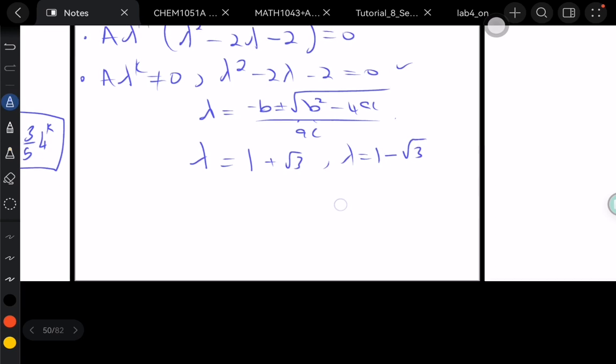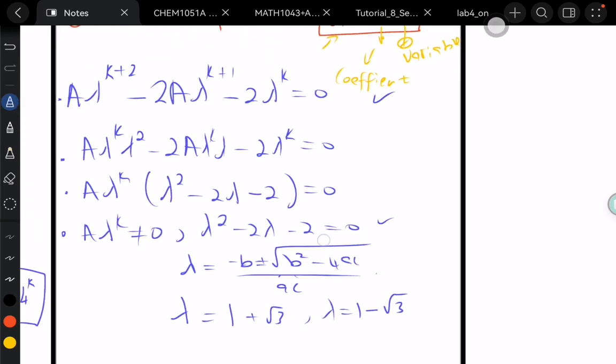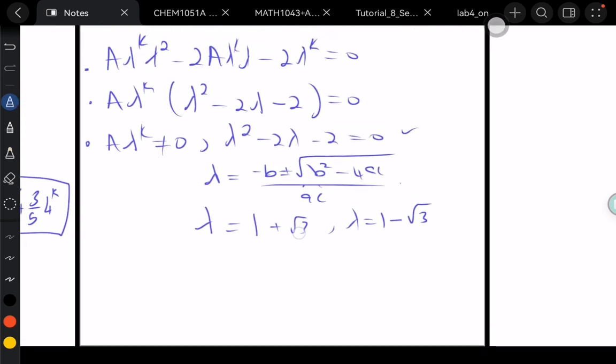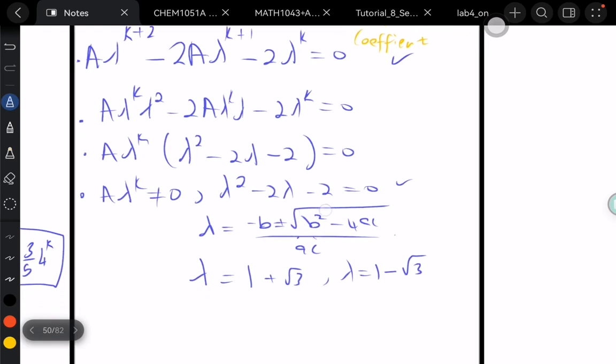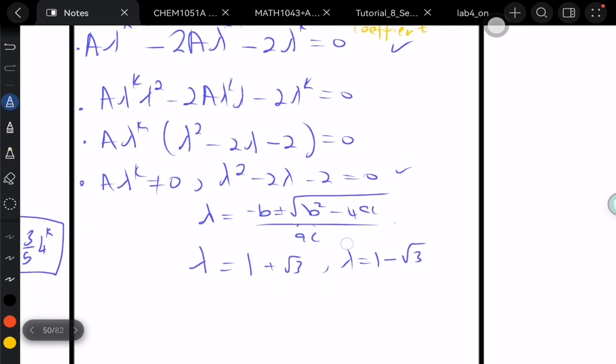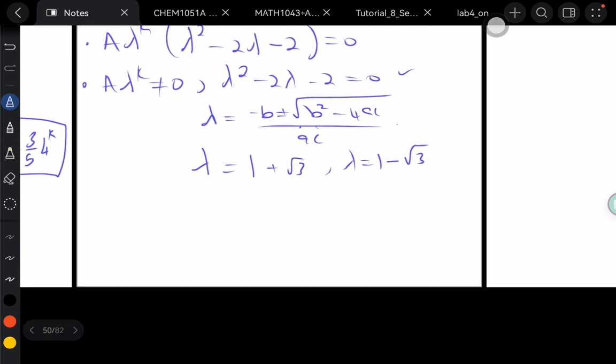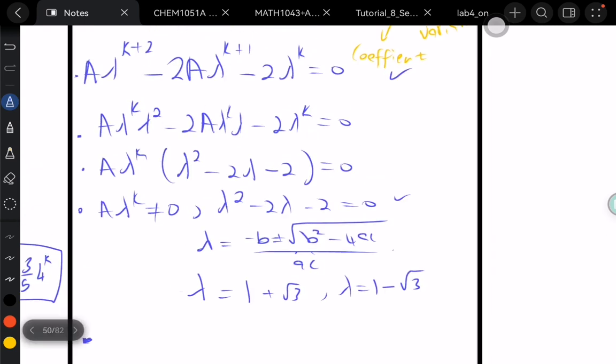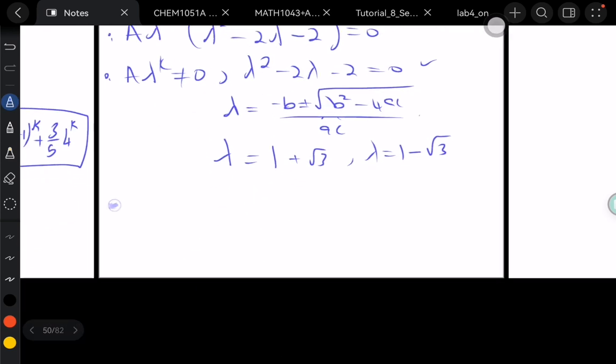So now let's substitute back our lambdas. When we substitute back our lambdas, we will get our function. This was step 1, step 2, step 3, step 4. Now we're going to step 5.